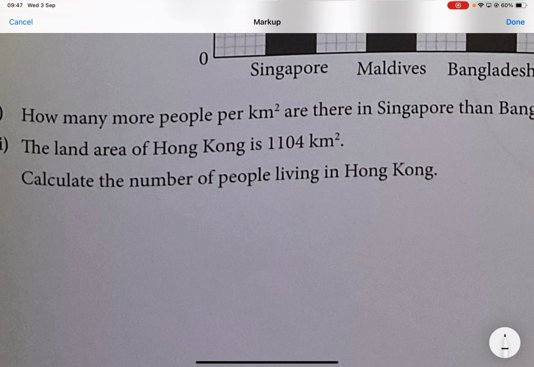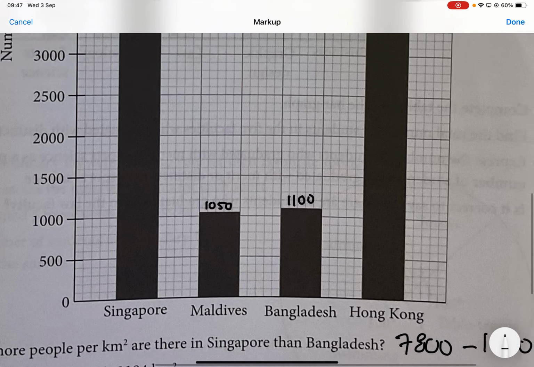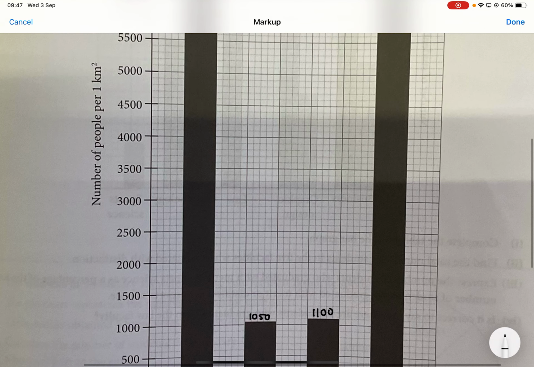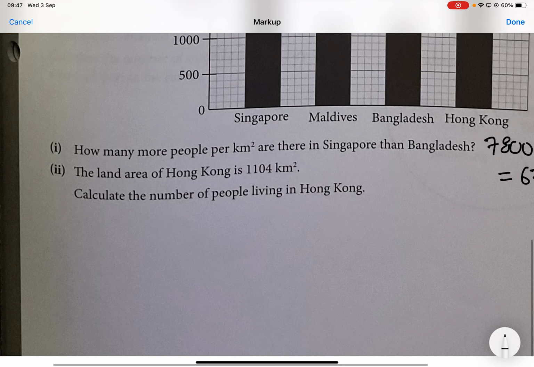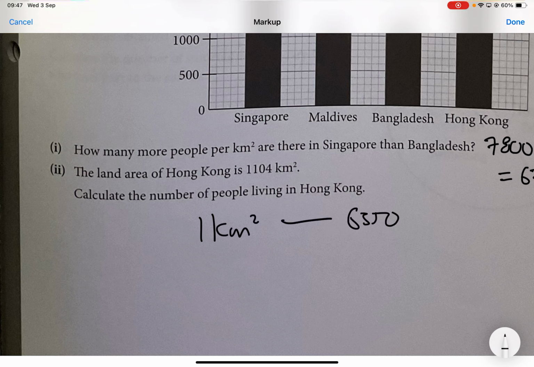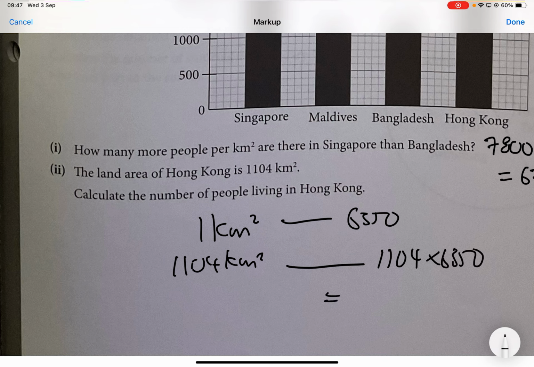So every 1 kilometer square, 6,350. Okay? Every 1 kilometer square, 6,350. Now we have 1,104 kilometer square. Then multiply lor. Okay?